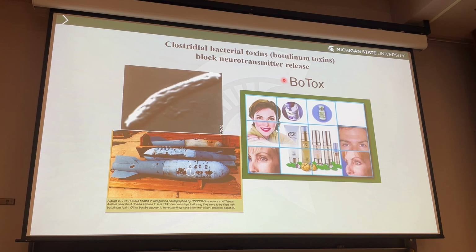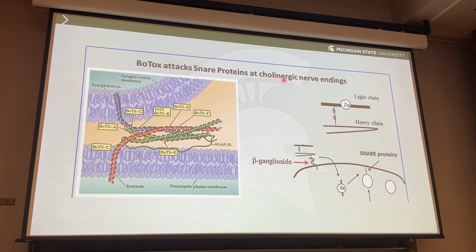It's been used punitively, but anyways, it is used as a cosmetic now due to the fact that it will chop up these SNARE proteins. All of these different points on here are areas that the botulinum toxin can clip these SNARE proteins and not allow neurotransmission to happen.